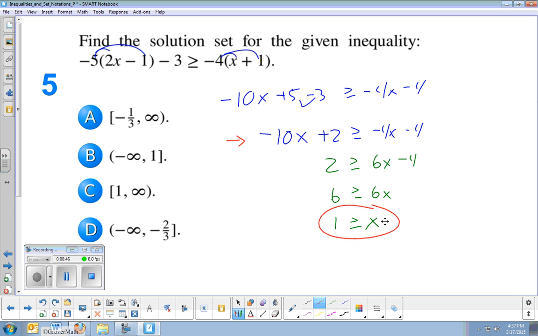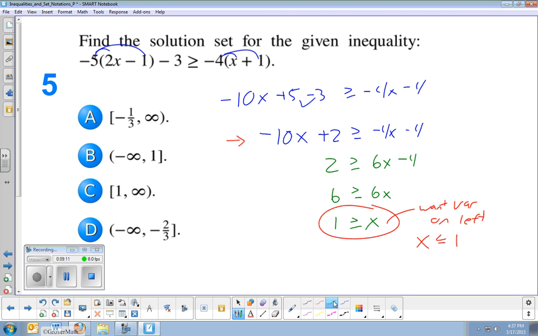But you know what? It's going to end up being the same thing, because when you get down to this point, notice that my variable here is on the right. We always want the variable either in the middle between two less than signs or on the left if it's with a single number. So I'm going to rewrite this so that x is on the left, but because I'm switching the order, I have to flip this sign from greater than to less than or equal to 1.